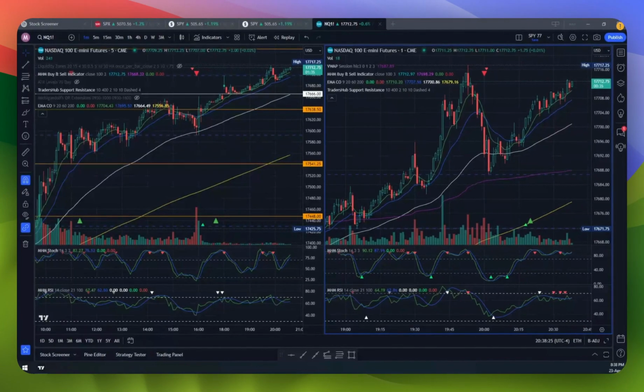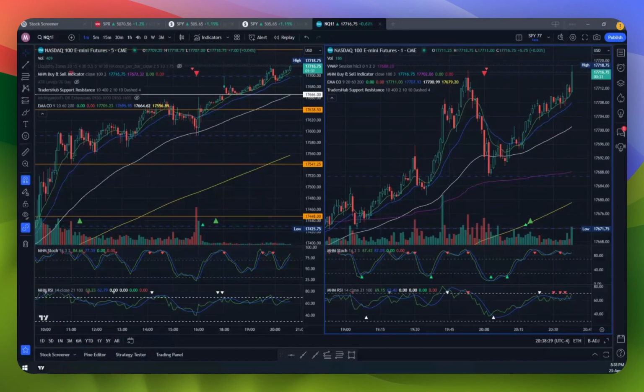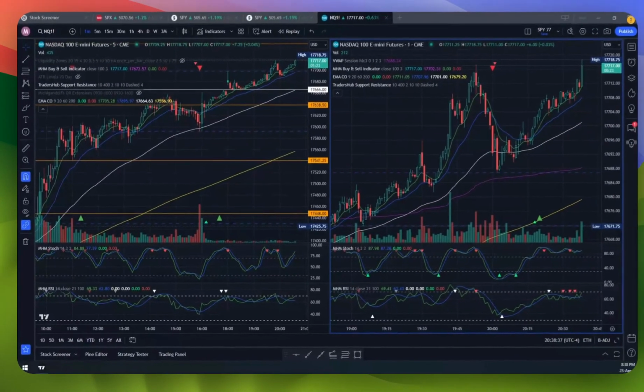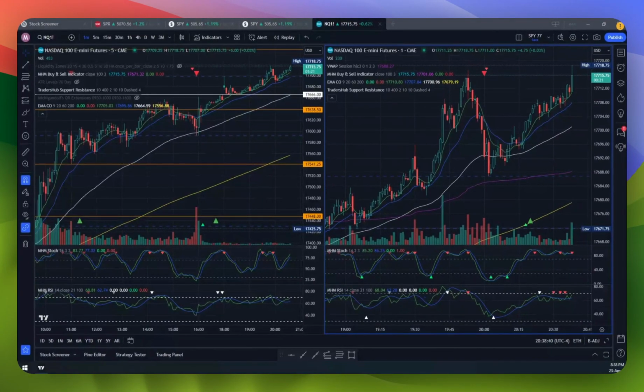Yeah, tell me. Okay, so if it breaks a certain level, I will definitely look into it. I do have an idea, right? Where am I going with the trade? Okay, let's look at NQ right now.